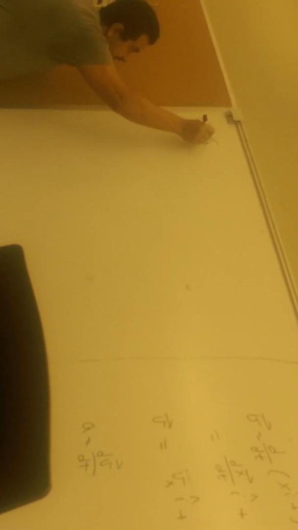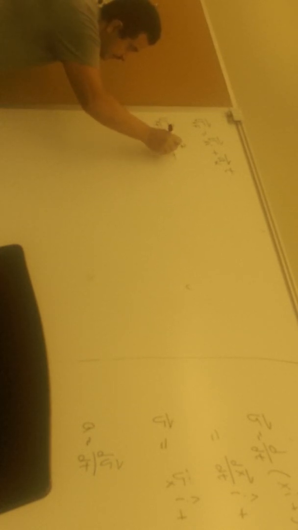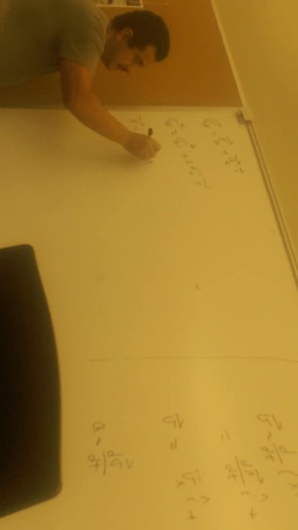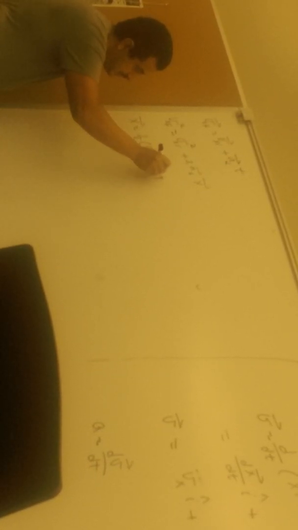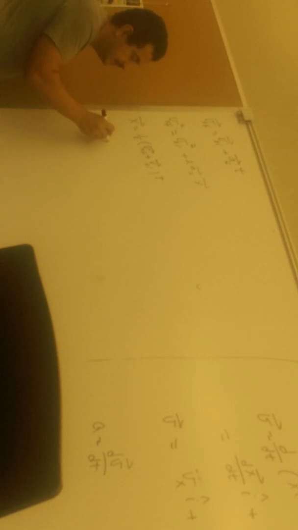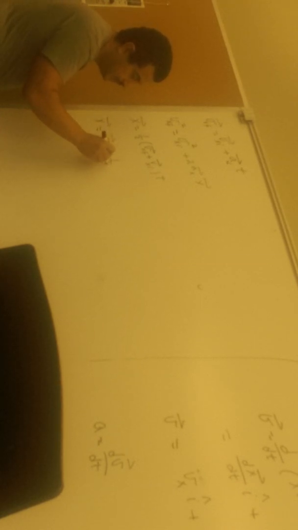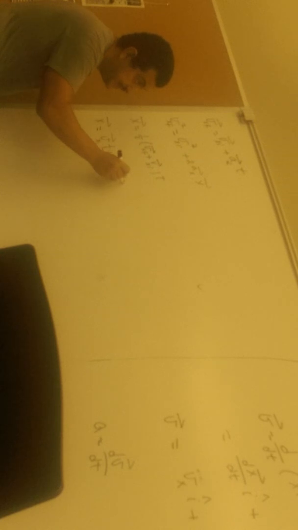So it will be Vx final equals Vx initial plus acceleration in the x direction multiplied by time; Vx final squared equals Vx initial squared plus 2ax x; x equals 1/2 (Vx final plus Vx initial) t; x equals Vx initial t plus 1/2 ax t squared.